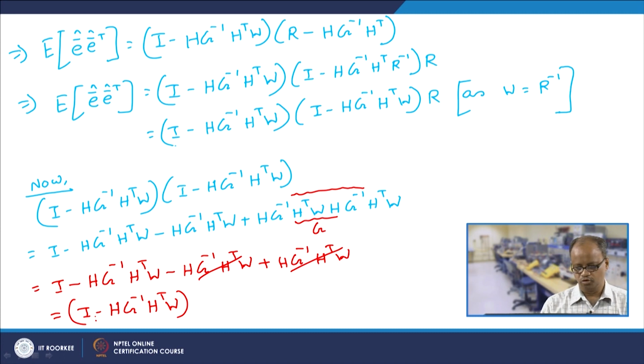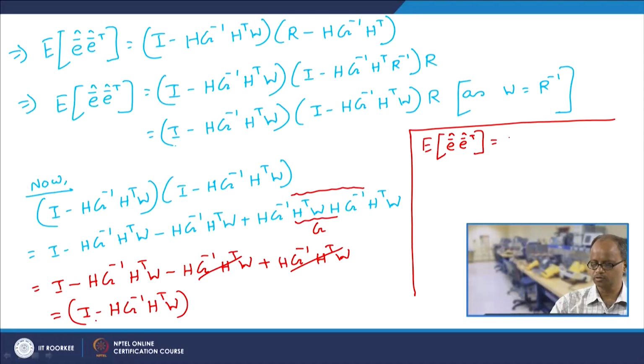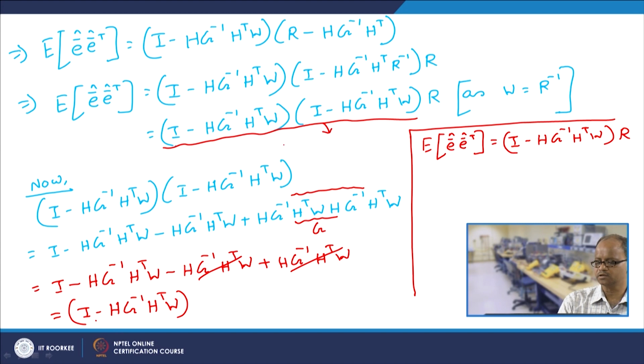So, then therefore, we have the expected value of E hat E hat transpose is actually I minus H G inverse H transpose W into R. Now, because this matrix into this matrix is actually the same matrix, this is called an idempotent matrix.